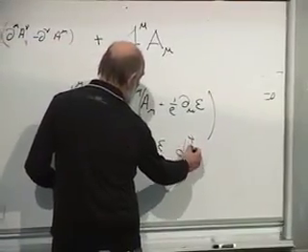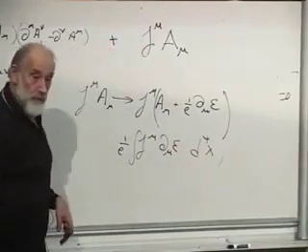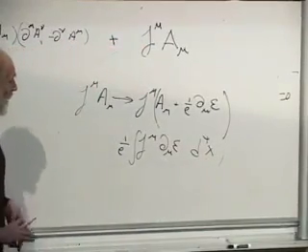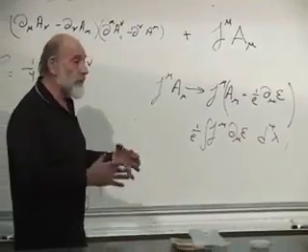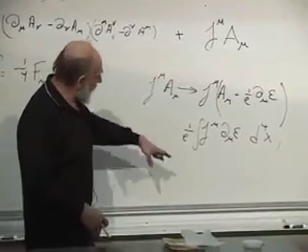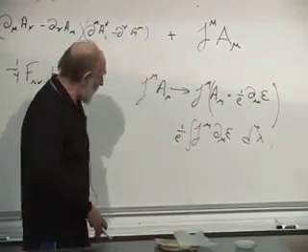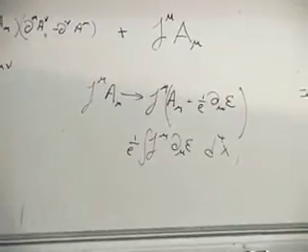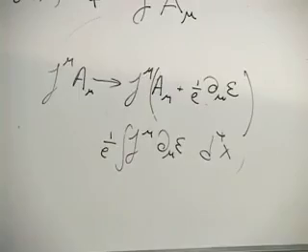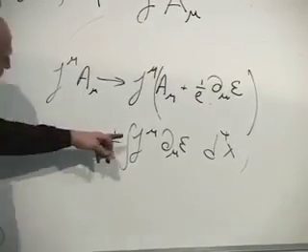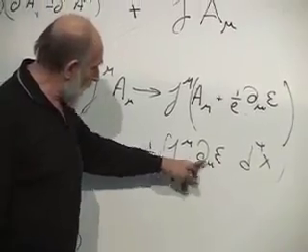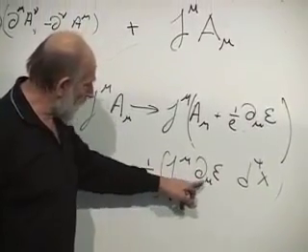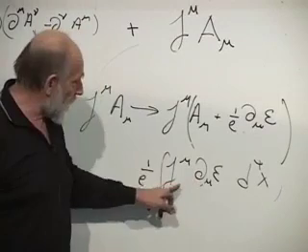The real issue is whether the action is gauge invariant, not whether the Lagrangian itself is. If the action is gauge invariant, then the physics will be gauge invariant. All right, what do we do with this? We integrate it by parts. If you integrate a product of one thing times a derivative of another, you can interchange which object the derivative acts on.